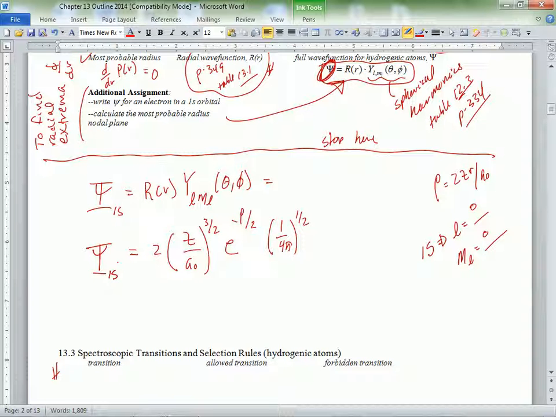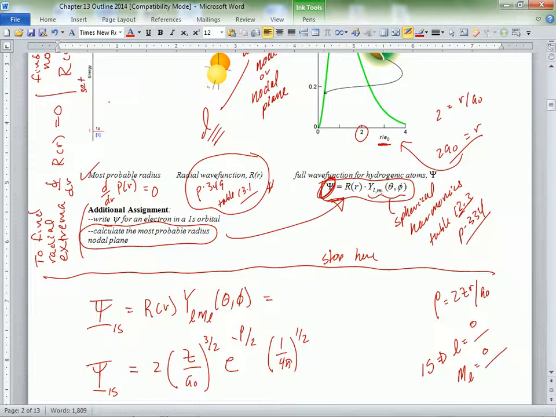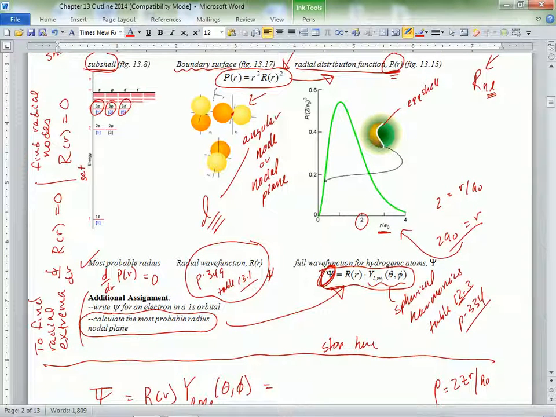The problem was not to write the wave function. The problem was to calculate the most probable radius. So how do we do that again? There's pretty much three tricks here, because you can find radial extrema, you can find nodes, and you have a game plan for finding the most probable radius.